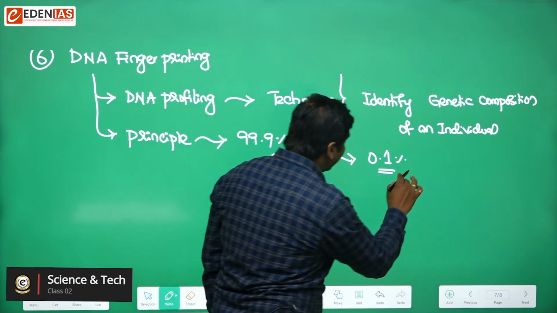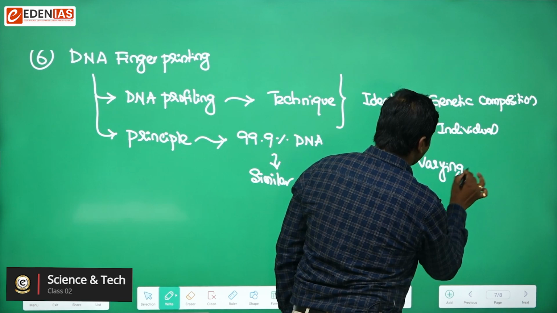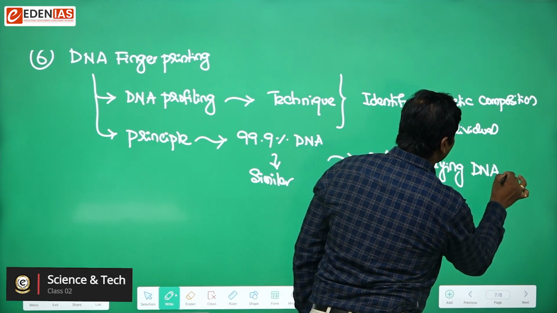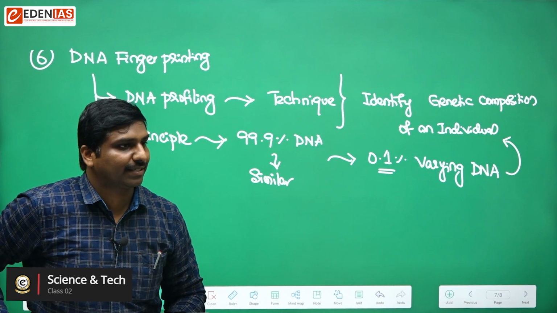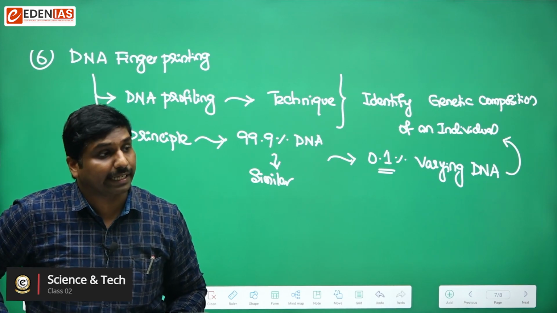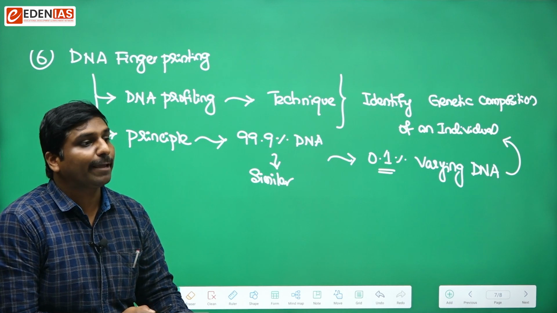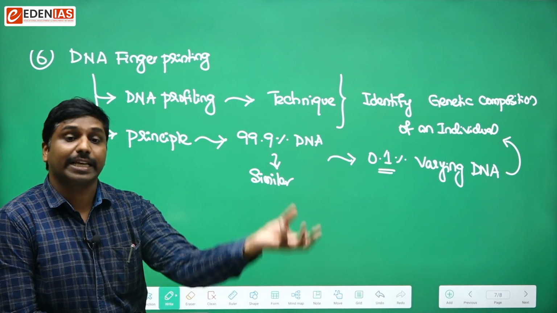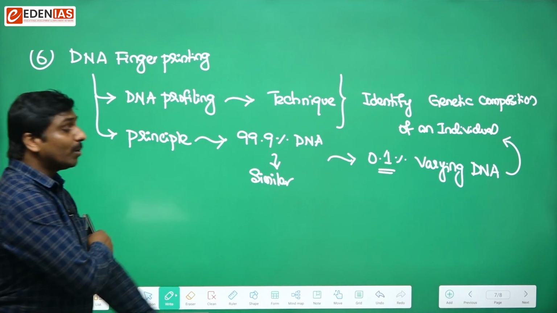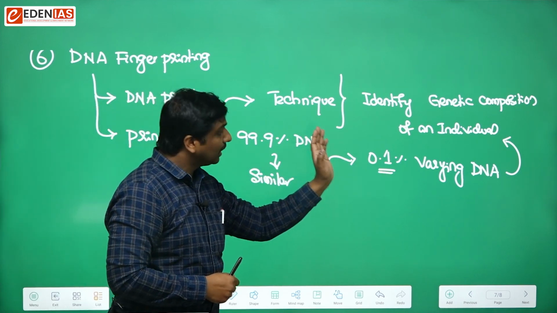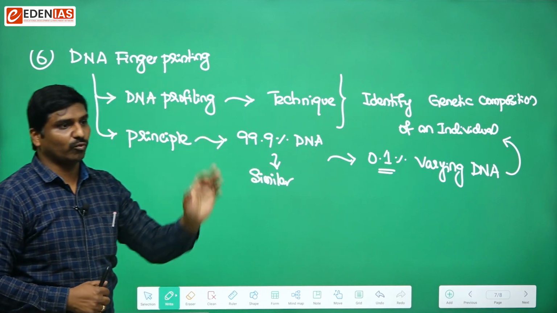And this varying DNA is the base for the identification of individuals. That means DNA profiling is a technique used to identify individuals in certain situations. From a pool of given samples, we can identify a particular individual. So the principle is this slight variation in genetic composition.